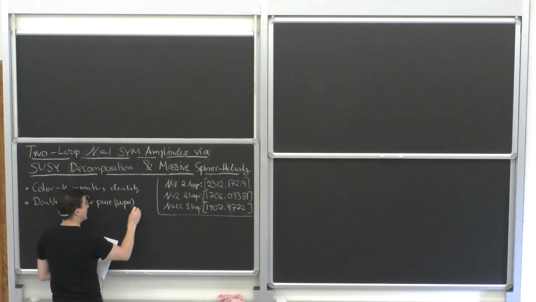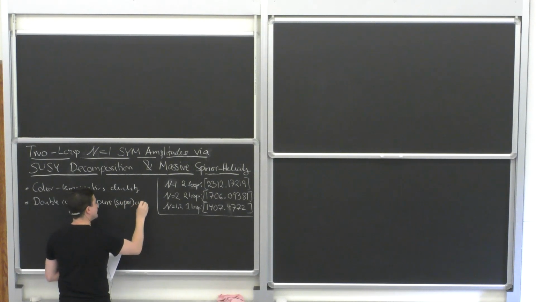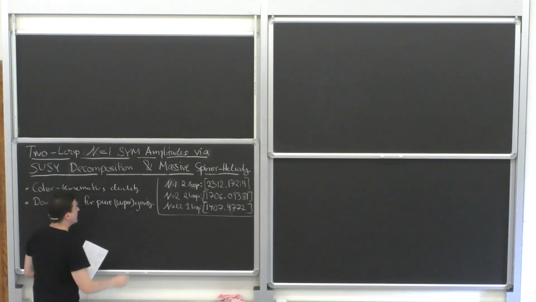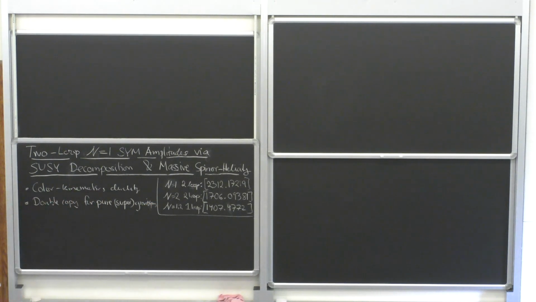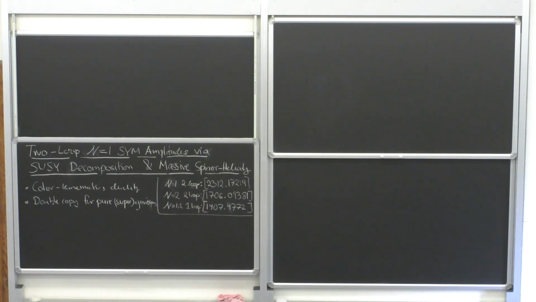Let's put super in parentheses. Pure, I just mean that there's only one multiplet, the graviton multiplet, and no matter besides whatever matter is in the multiplet.